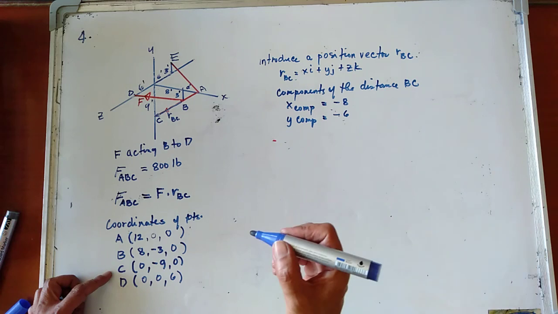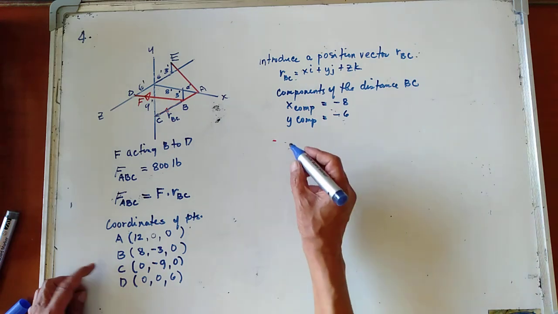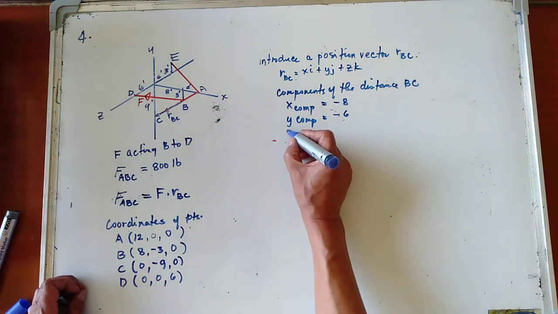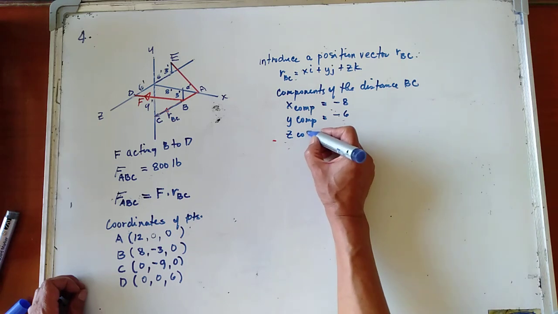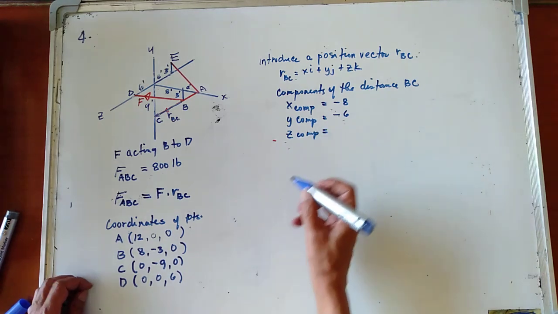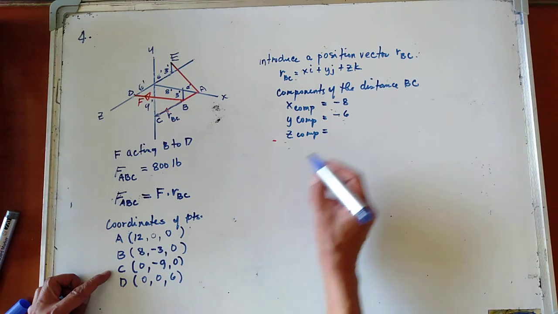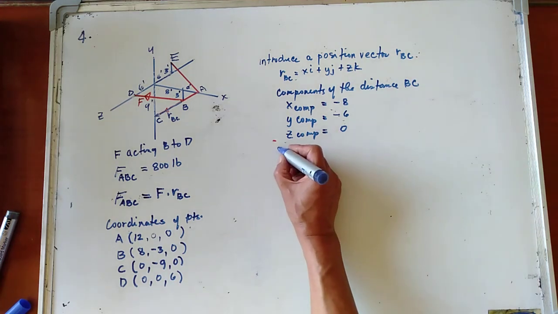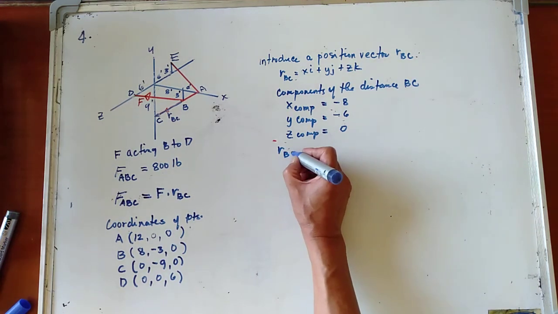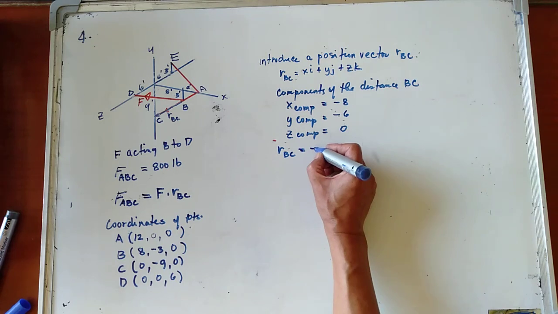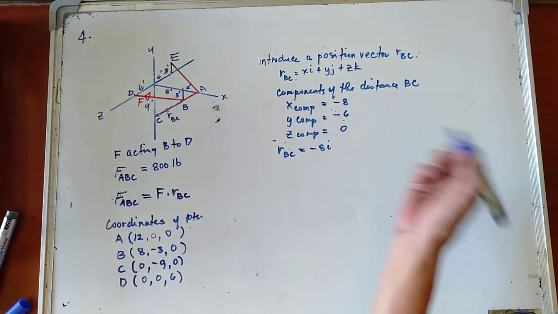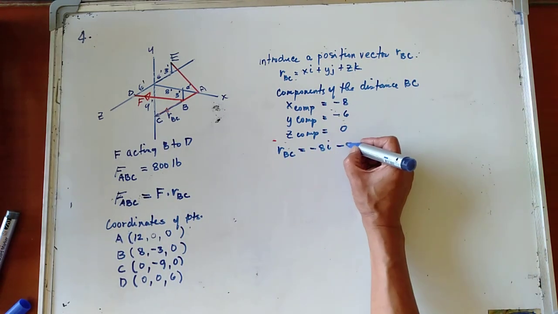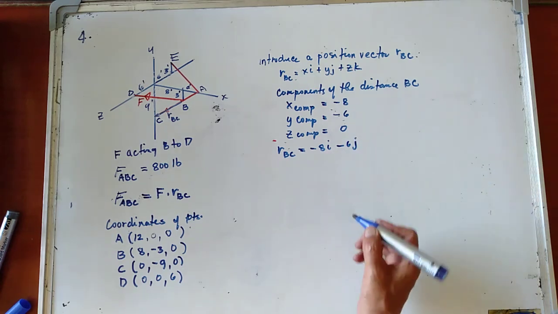The z component of BC is 0 minus 0, which is equal to 0. Hence, the position vector RBC is equal to minus 8i minus 6j.